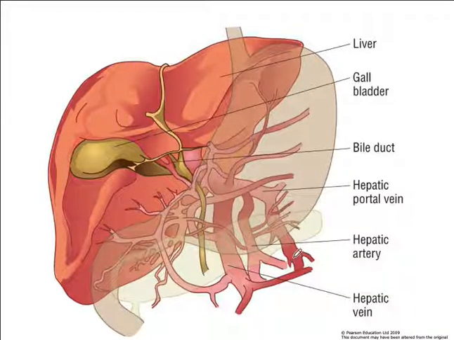The hepatic portal vein, you can see here the substrate-rich blood also entering the liver. And you can see here that we have the hepatic vein coming out of the liver and feeding back into the vena cava and ultimately back to the heart.